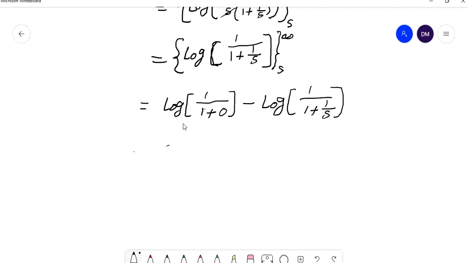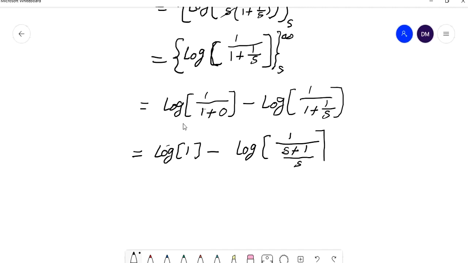So this is equal to log of 1 minus log of, take the LCM here, then we can get s plus 1 by s. So this is equal to log 1 value is 0 minus log of s by s plus 1.